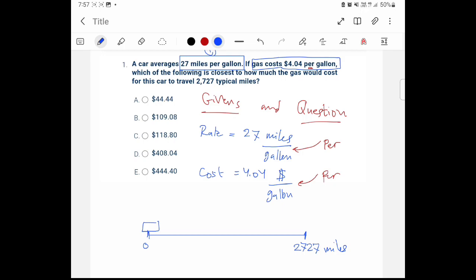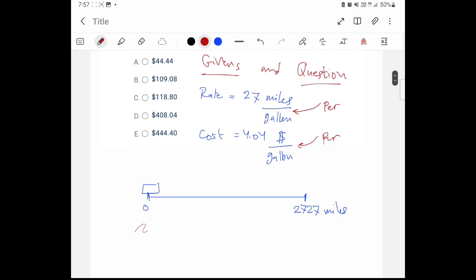So remember the formula. If you multiply the rate, which has the unit miles per gallon, and look at this, gallon is located in the denominator. In order to get rid of the unit gallon, you need to multiply the rate by the amount of gallon.